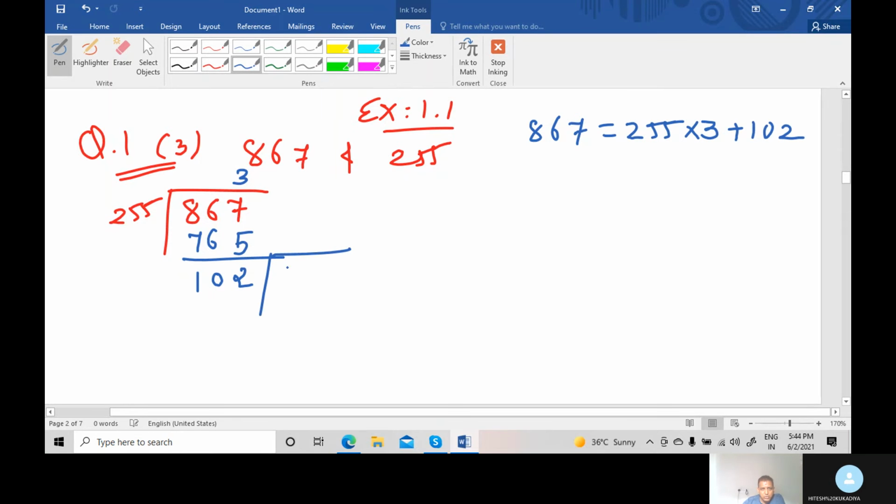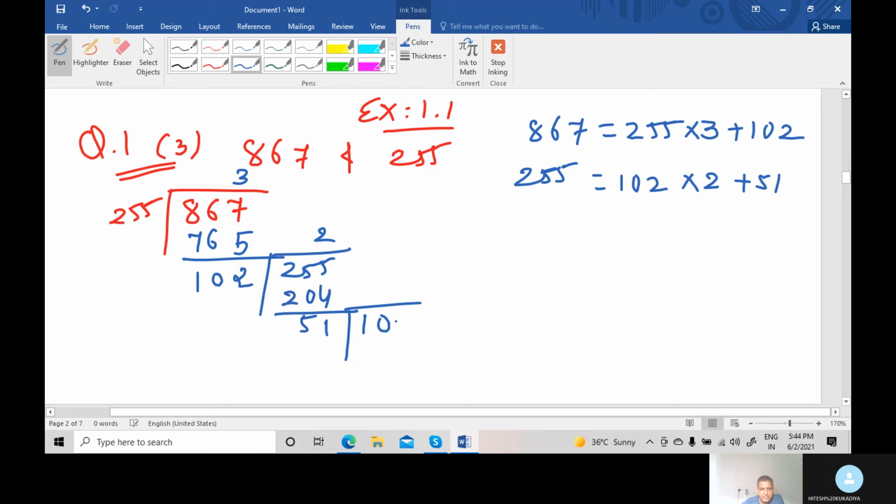Now 255 inside the division. 102 twos are 204, 5 minus 4 is 1, here 5 and here 0. So 255 equals 102 multiplied by 2 plus 51.